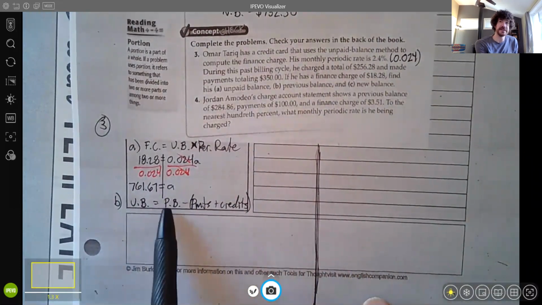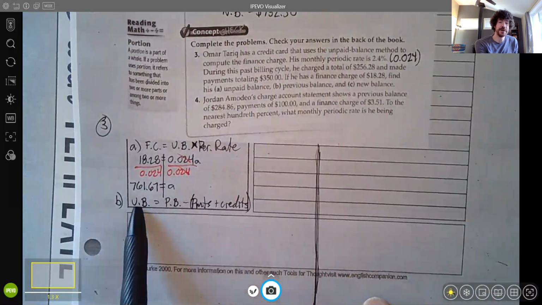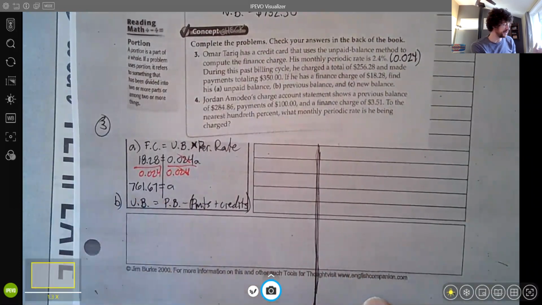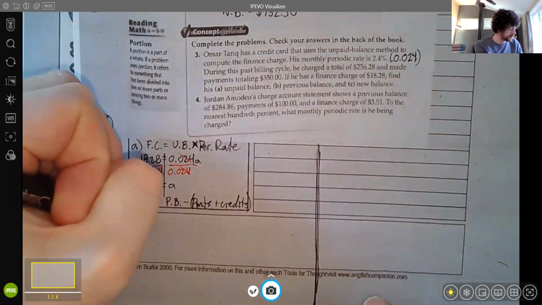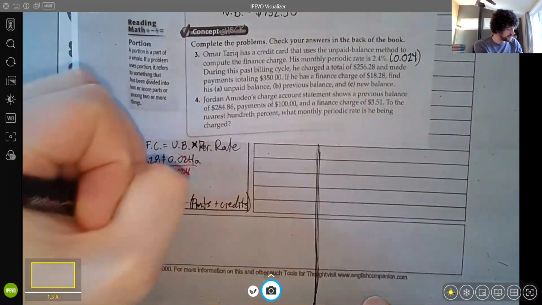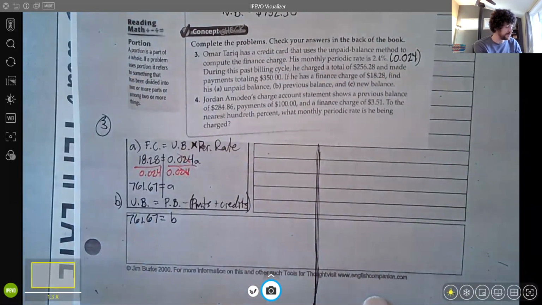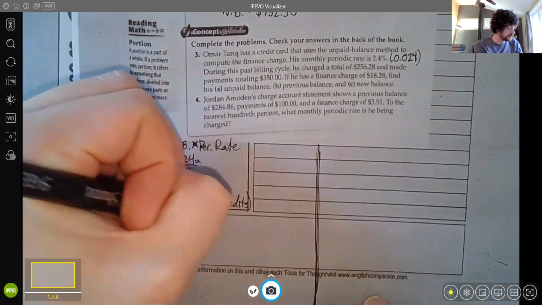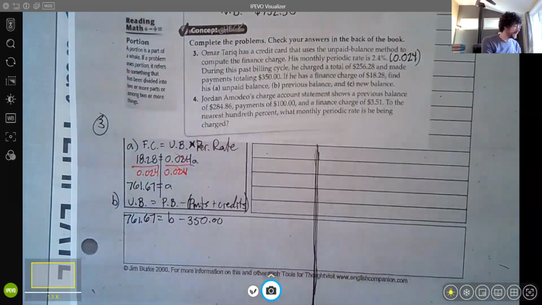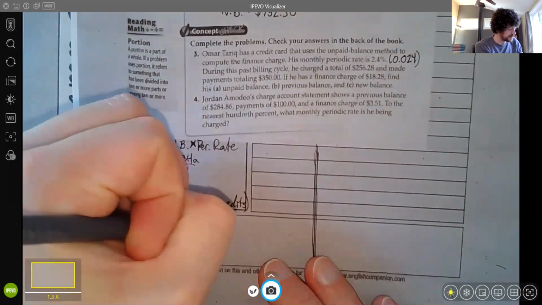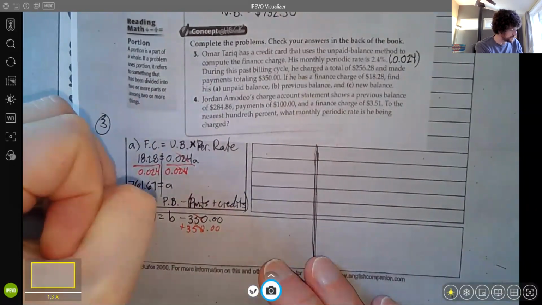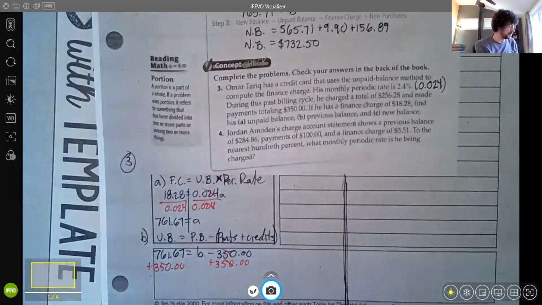We don't know the previous balance. That's our variable. We'll call that B. We have the unpaid balance here because that's what we calculated in part A. So we get 761.67 is equal to the previous balance, just call that B, minus the payments, 350. So to solve for the previous balance, we're just going to add 350 bucks to both of those.